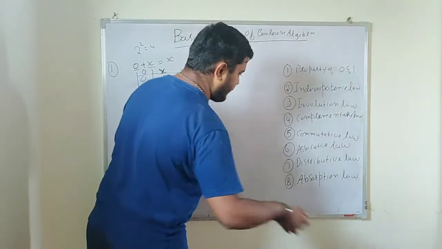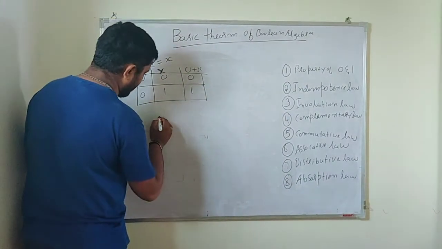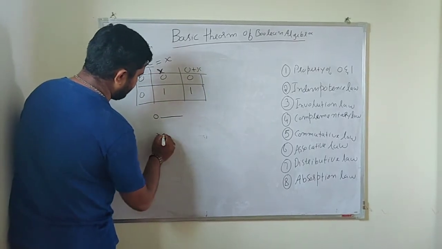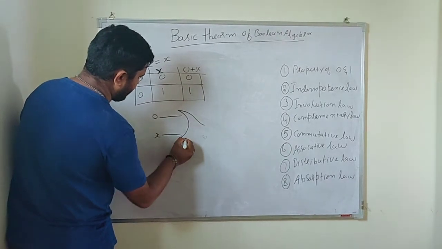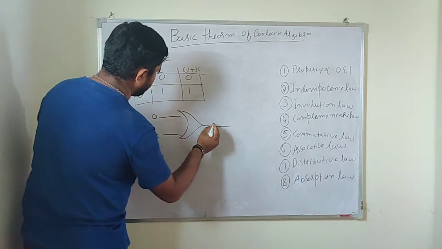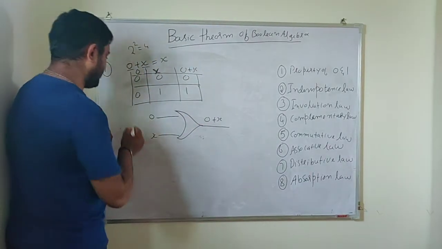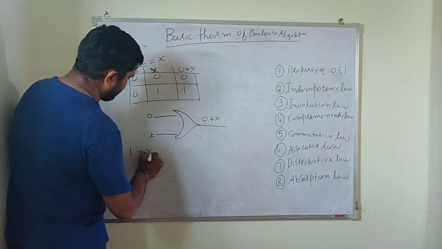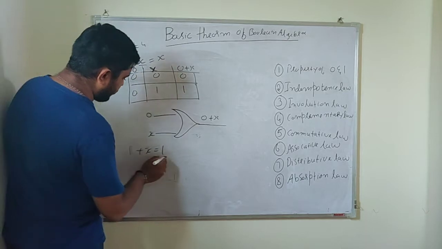So for the truth table for this, the logical gate is the OR symbol. So 0 and x with the OR symbol. You want to write the OR symbol over here. So 0 plus x. So this is for 0 plus x. So 1 plus x is equal to 1. So how do you do this now?